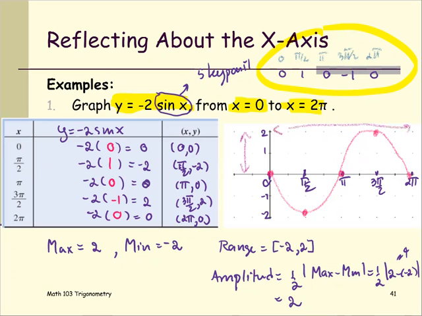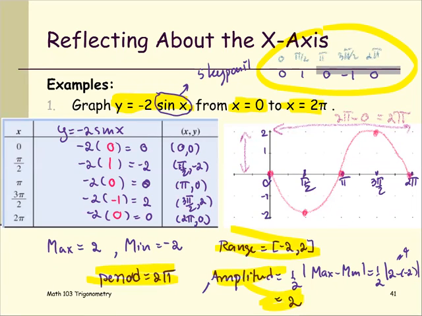The period is the distance from the right end of the angle, 2 pi, to the left, which is 0, that the graph completes one cycle. That means the graph returns to the same function value and will repeat the same pattern after that. So the period is 2 pi. So we're going to put the summary over here. So the period of the graph is 2 pi. Now we have the properties of the graph as highlighted.